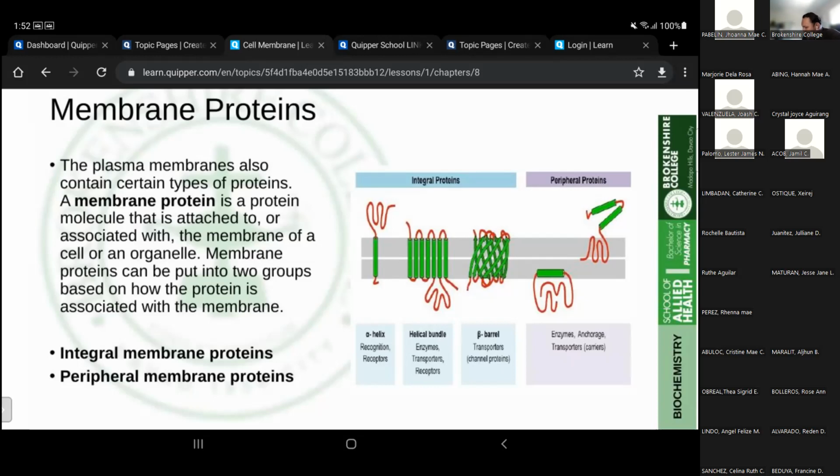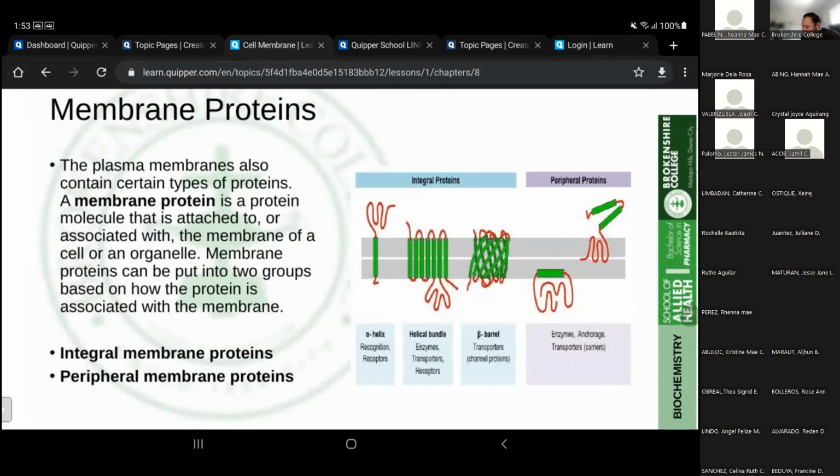On the other hand, we have your peripheral proteins, which are away from the center, not within the plasma membrane or the bilipid layer. They act as enzymes, may act as an anchorage which allows the cell to attach to surfaces.